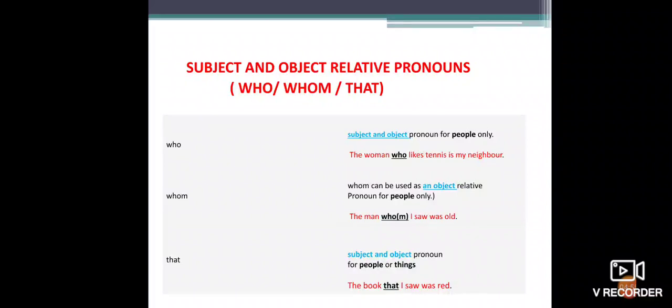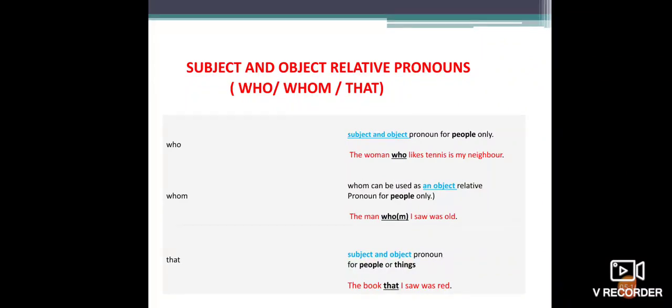First, we use who as a subject or an object relative pronoun for people only. For example, the woman who likes tennis is my neighbor. Here, who functions as the subject of the clause. Let's move to whom.